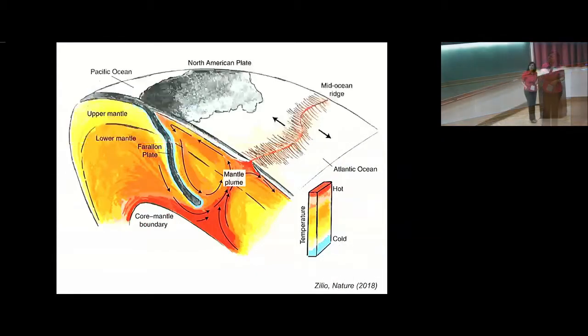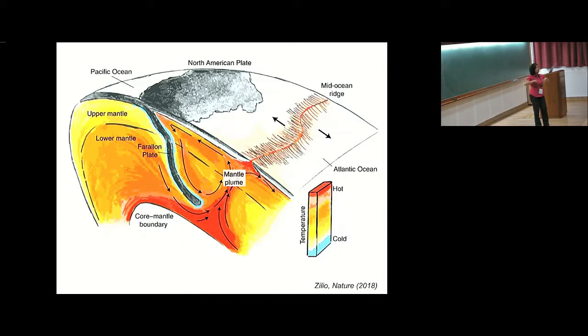All these surface motions have their origin in what's going on inside the Earth. Here is a cartoon showing a typical subduction zone. You have an oceanic lithosphere that dives inside the mantle, and this also shows a hot mantle plume rising from depth and splitting apart an ocean. All these surface movements, the topography, the plate velocities, the earthquake occurrence and magnitude, everything is controlled by what's happening inside the Earth.